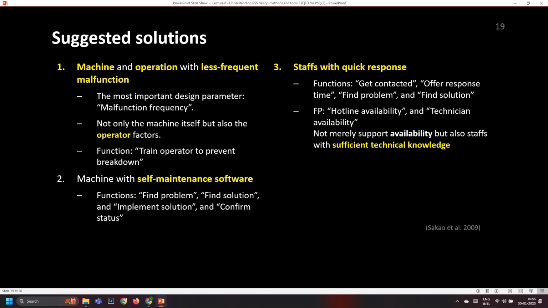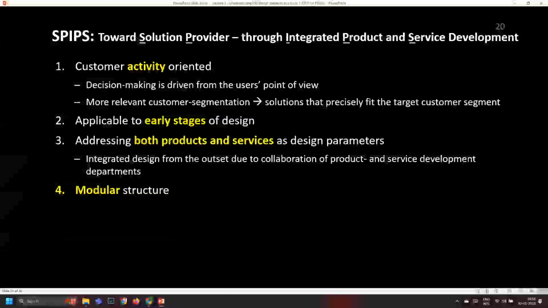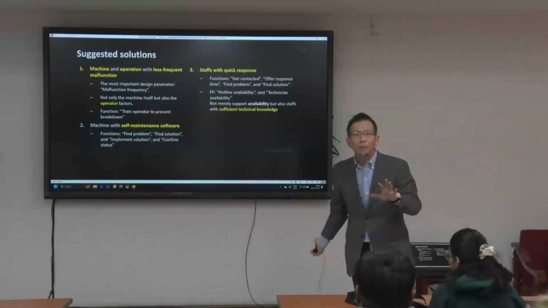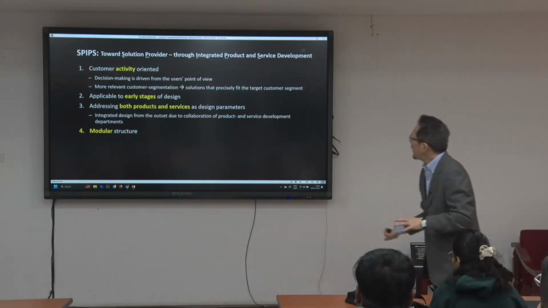So now you understand the workflow of the SPIPS helps designers to find the important design space consisting of important design parameters so that the derived solutions are really targeting the important customer values. Okay, so any question regarding the case?